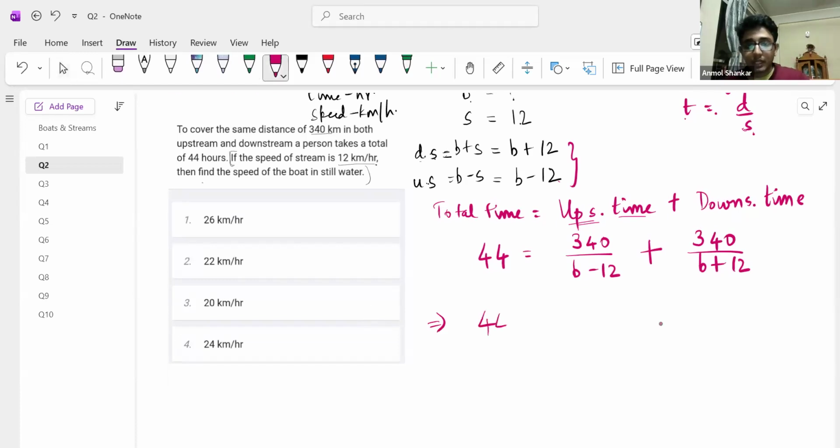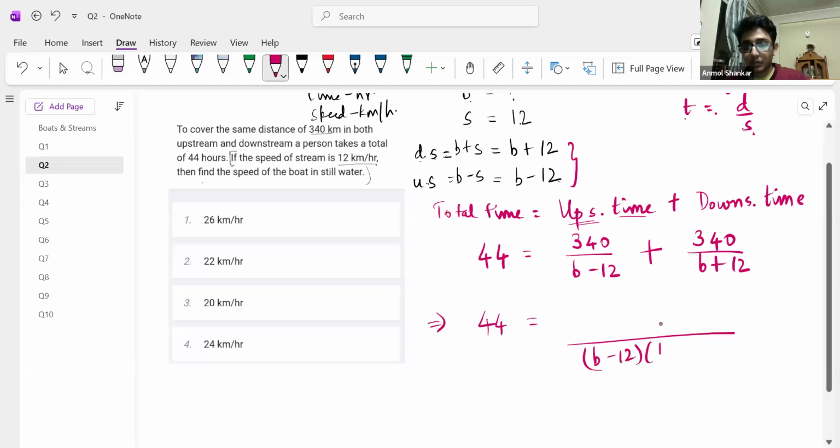We need to take the LCM. If we take the LCM, we get B minus 12 into B plus 12 in the denominator, and in the numerator 340 into B plus 12 plus 340 into B minus 12.